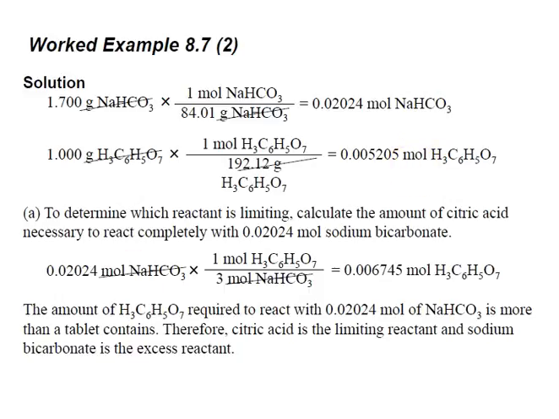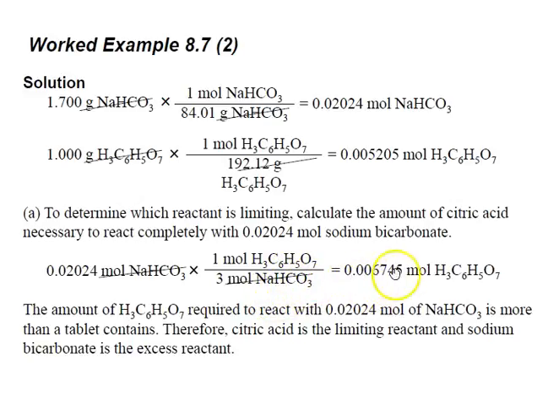So to determine which reactant is limiting, we want to calculate the amount of citric acid necessary to react completely with 0.02024 moles of sodium bicarbonate. So we have 0.02024 moles of sodium bicarbonate times our ratio from our balanced equation. We have 1 mole of our citric acid and 3 moles of sodium bicarbonate.